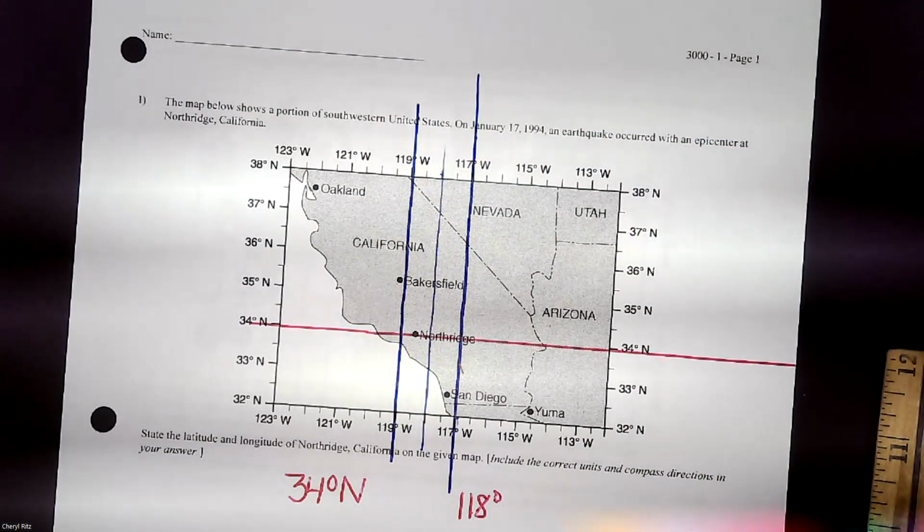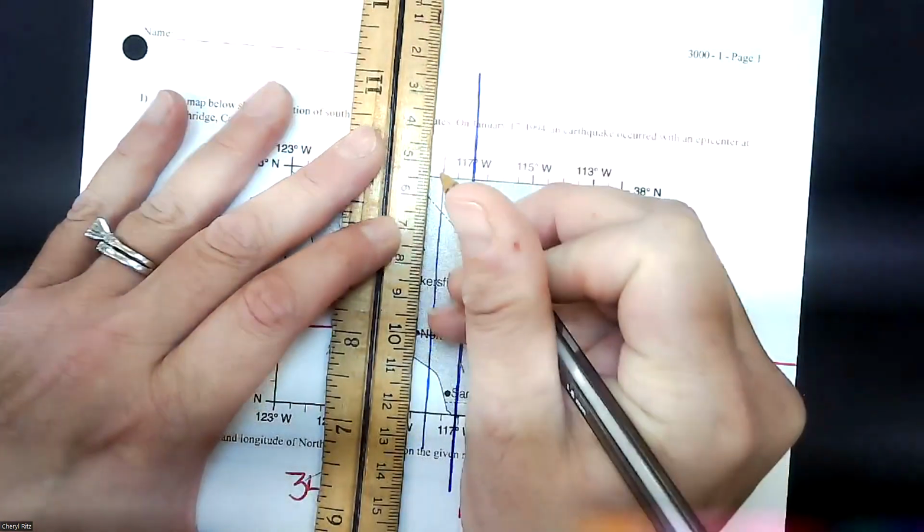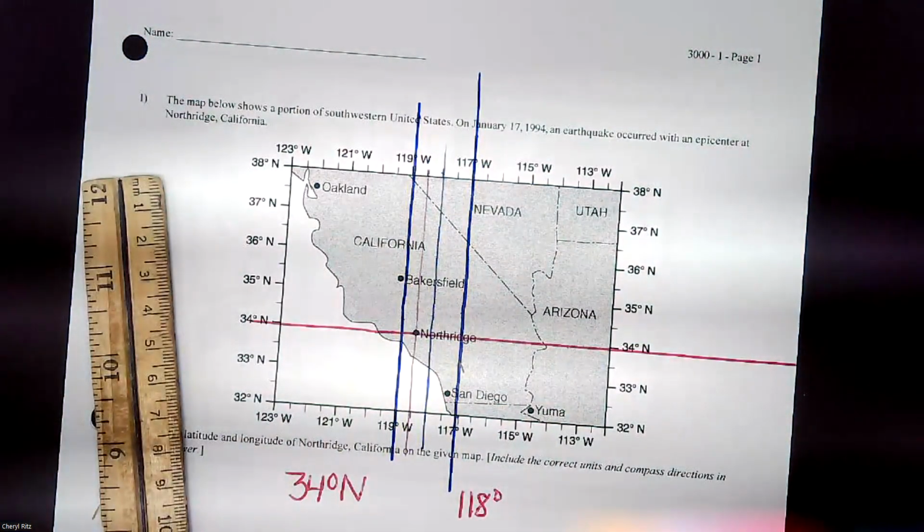You can't pick 119. Is it on the 119 line? No. So look at that, it's right on that line. The problem was people didn't know what that line was. It's halfway between 118 and 119.